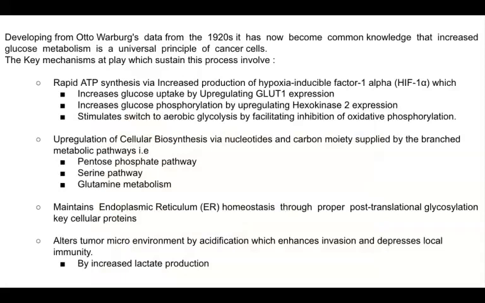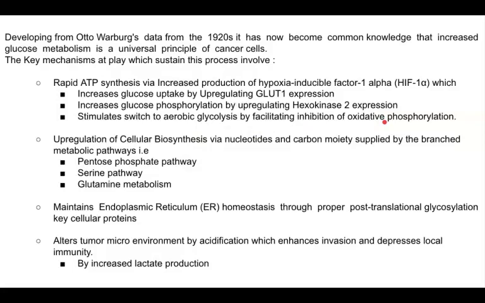There is increased glucose phosphorylation, upregulating hexokinase 2 expression. We saw that hexokinase was a key enzyme in the glycolytic pathway. It stimulates the switch to aerobic glycolysis by facilitating the inhibition of oxidative phosphorylation.